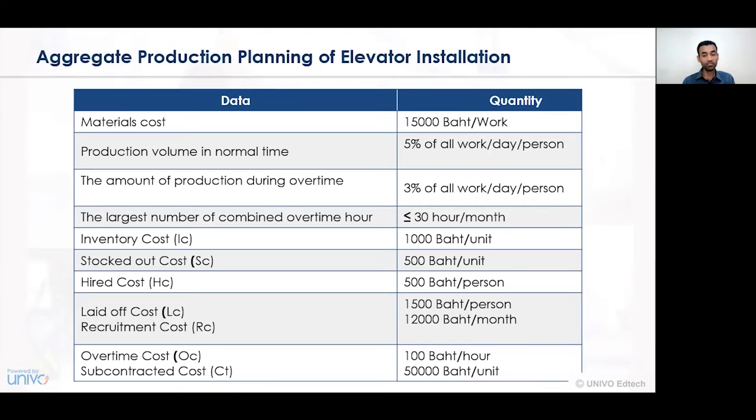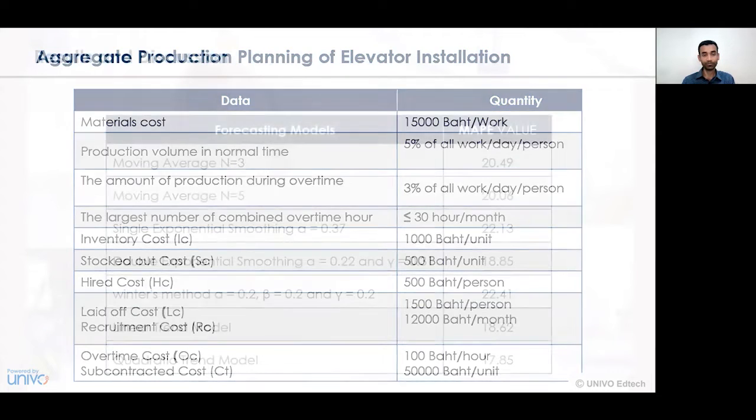The stockout cost is 500 baht per unit. The hired cost is 500 baht per person. The laid off cost is 1500 baht per person, and the recruitment cost, that is RC, is 12,000 baht per person. The overtime cost, that is OC, is 100 baht per hour, and the subcontracted cost, that is CT, is 50,000 baht per unit.